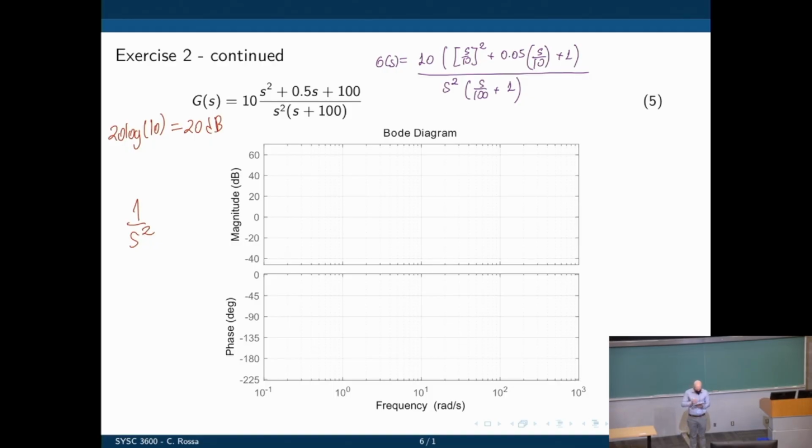Well, it would pass through 0 dB at 1 radian per second. We saw that in lecture 21. And it would create a constant slope of negative 40 dB. So it would have to look something like this. That would be for 1 over s squared.